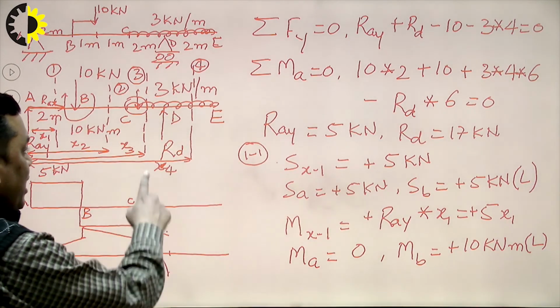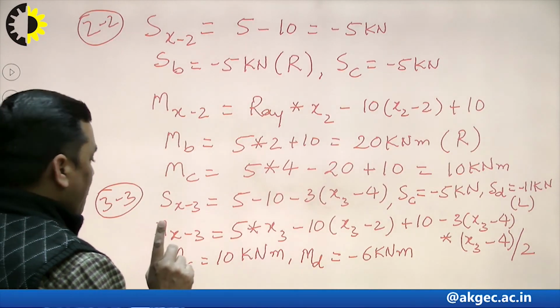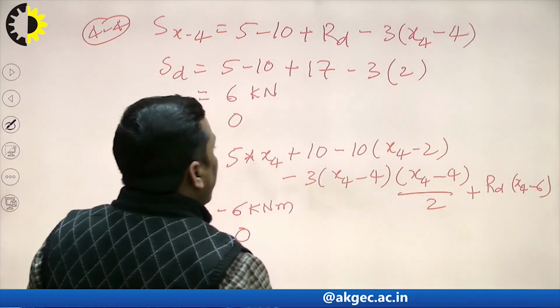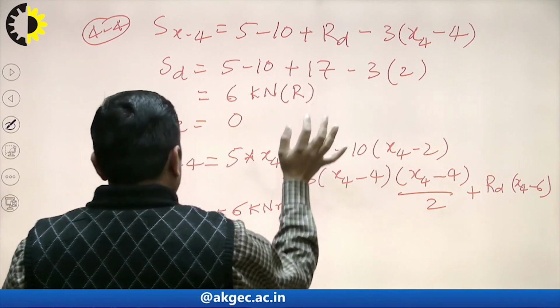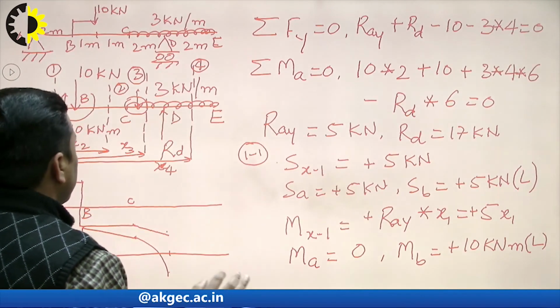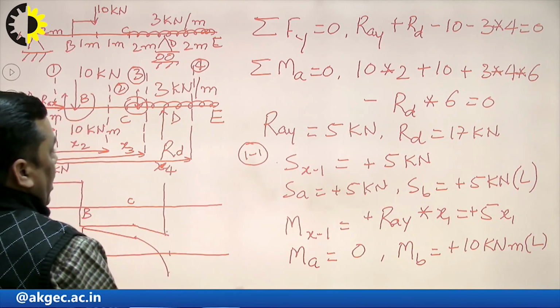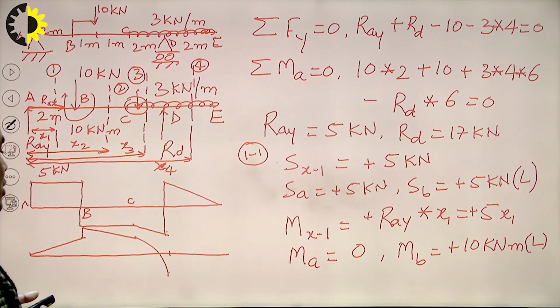So, for point D, we are having two values of shear force, one for the left side, minus 11, and for the right side we are having a value of 6 kilonewton. So, that we can draw here. Okay. And here it will be an inclined line. So, it will become 0.